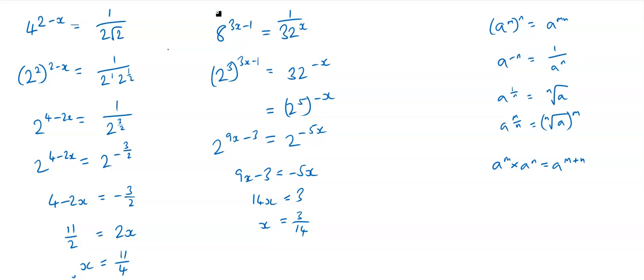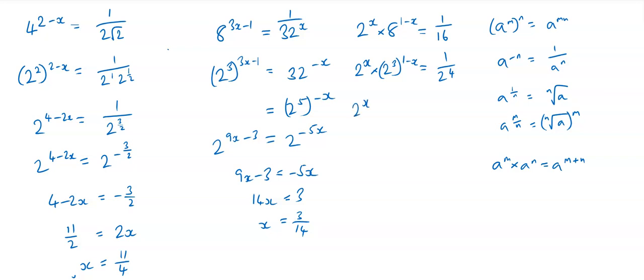Getting a bit more interesting and complicated. Here's a nice example. 2 to the power of x times 8 to the 1 minus x equals 1 over 16. Again, reduce everything to 2, so we have 2 to the x, 2 cubed to the 1 minus x equals 1 over 2 to the power of 4.